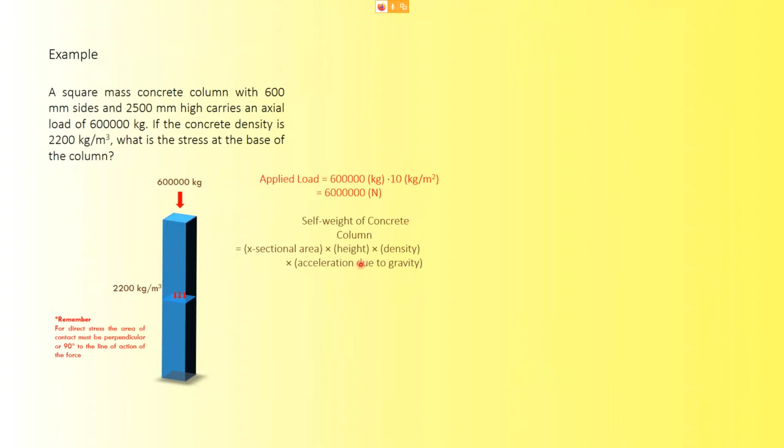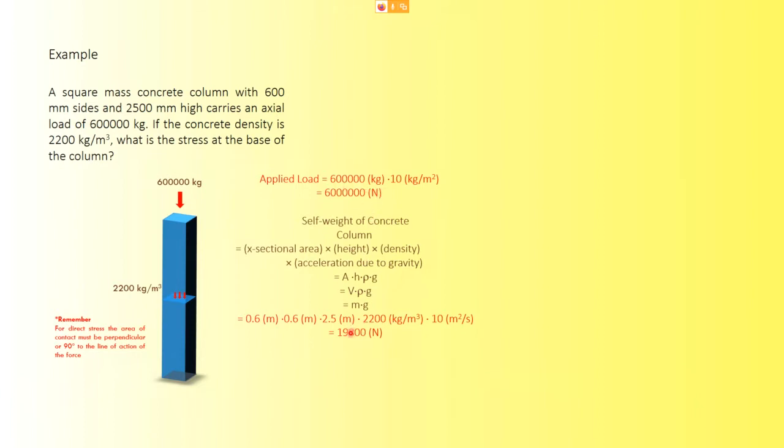What you get is the weight of the concrete column itself. So area times height is the volume, rho here is the density and g here is the gravity. That will give you the self weight of the concrete column. So that is what you have, 19,800 Newton. This is based on the self weight, and the other is based on the applied load.